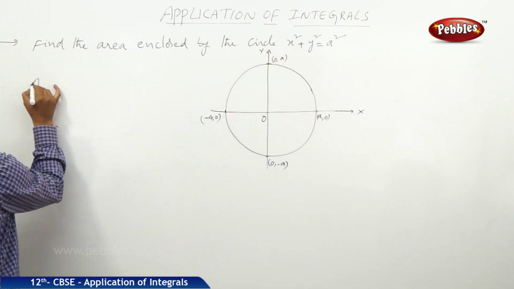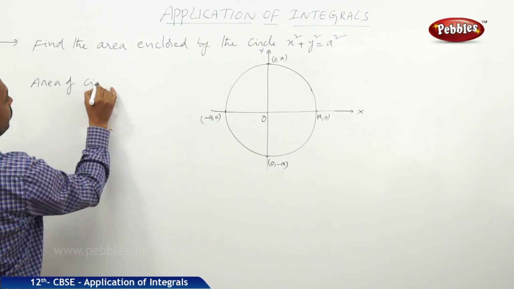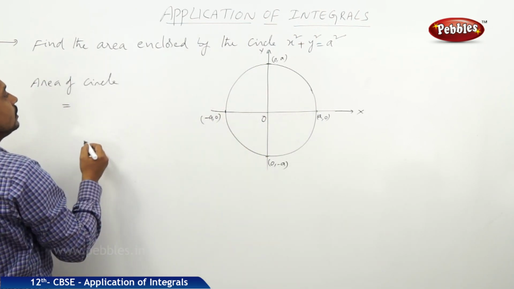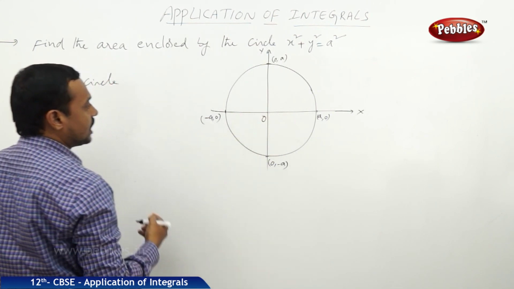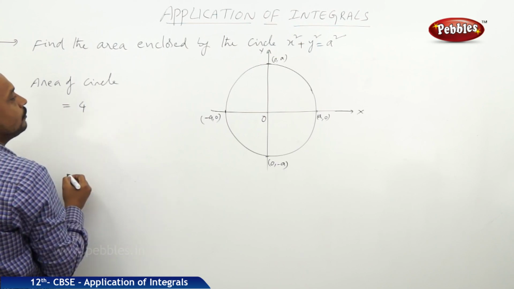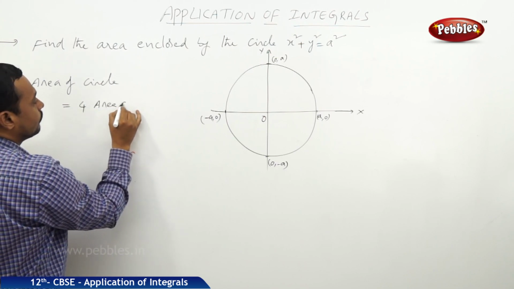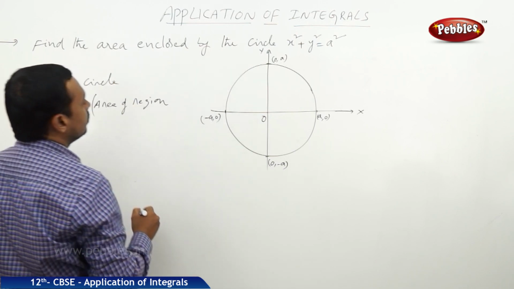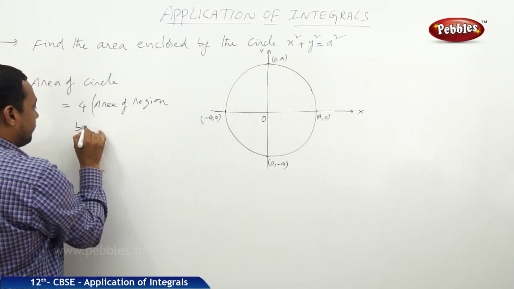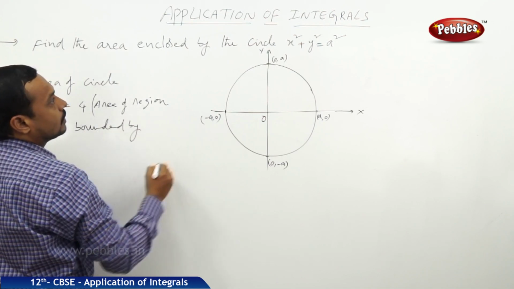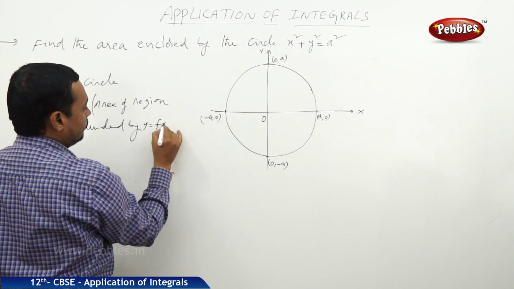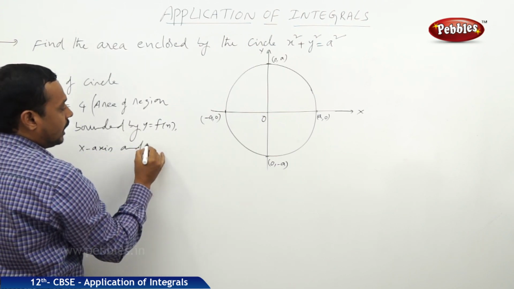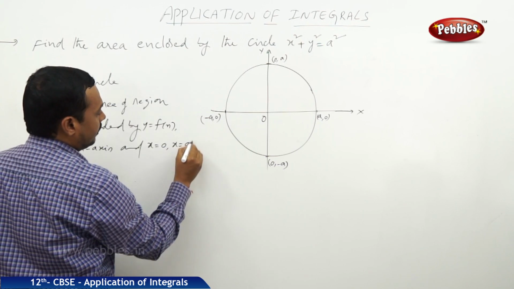Therefore, the area of the circle is equal to the sum of all four portions, and since all these four portions are equal, we can write it as 4 times the area of the region bounded by the curve y equals f of x with the x-axis and x equals 0, x equals a.